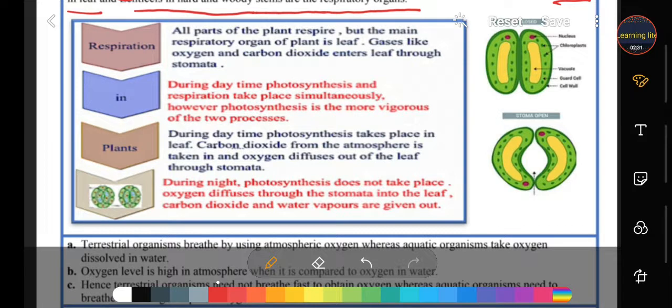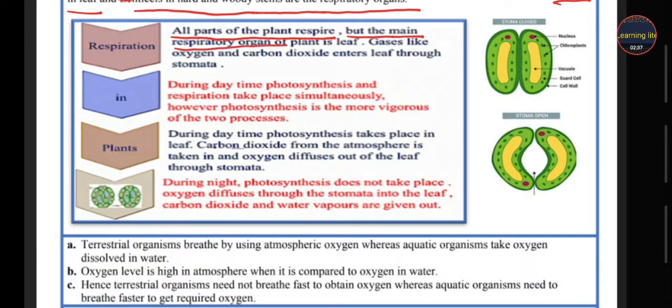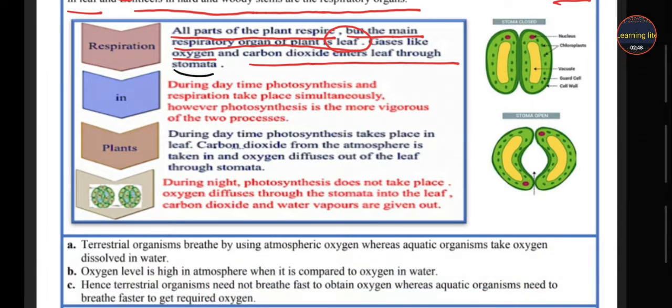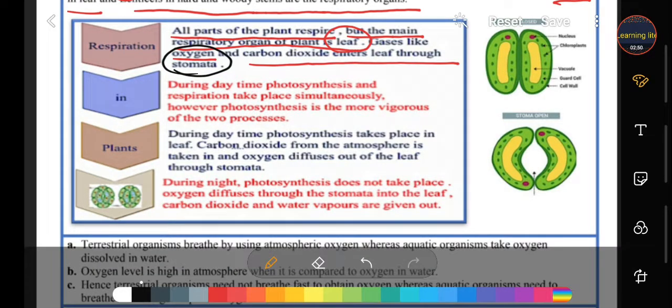Respiration in plants. So students, all plant parts respire, but the main respiratory organ of the plant is the leaf, and gases like oxygen and carbon dioxide enter the leaf through stomata.